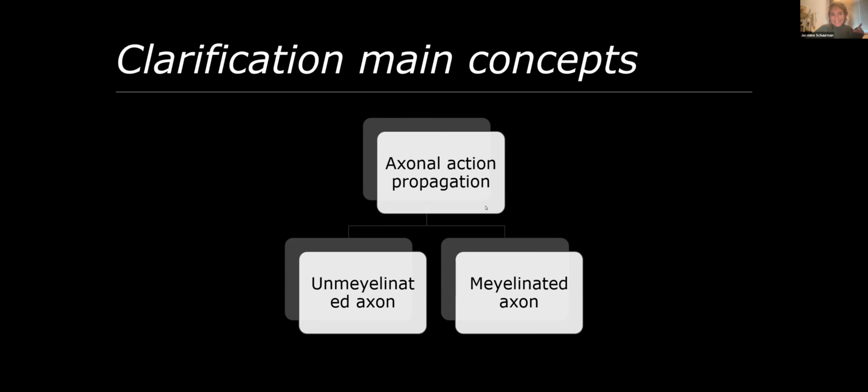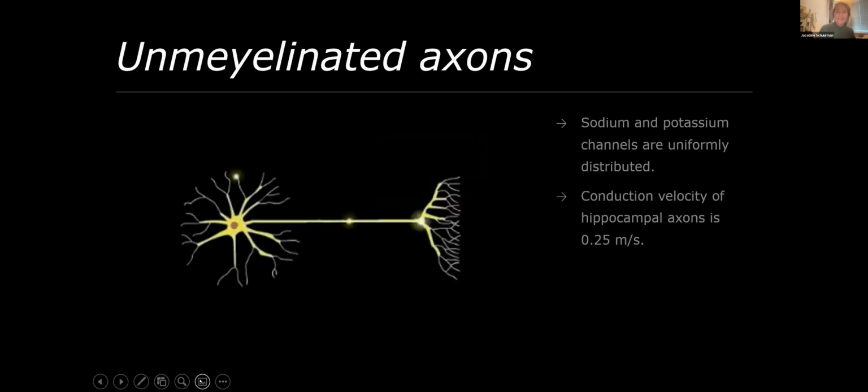Unmyelinated axons contain sodium and potassium channels uniformly distributed over their entire length. When an action potential is fired from the axon hillock, sodium channels further down the axon, which were previously closed, will start to open, thereby depolarizing the membrane.